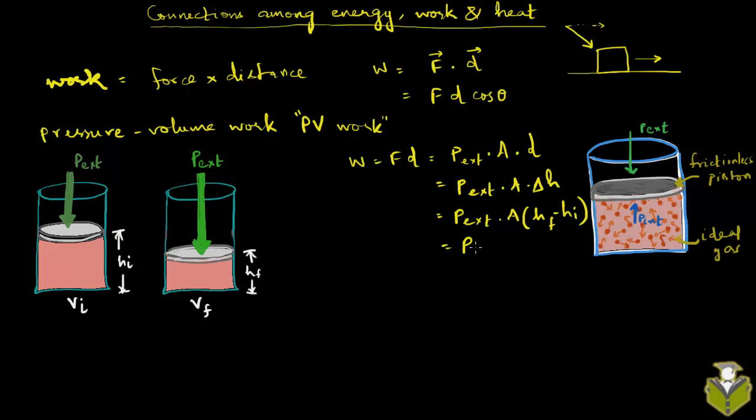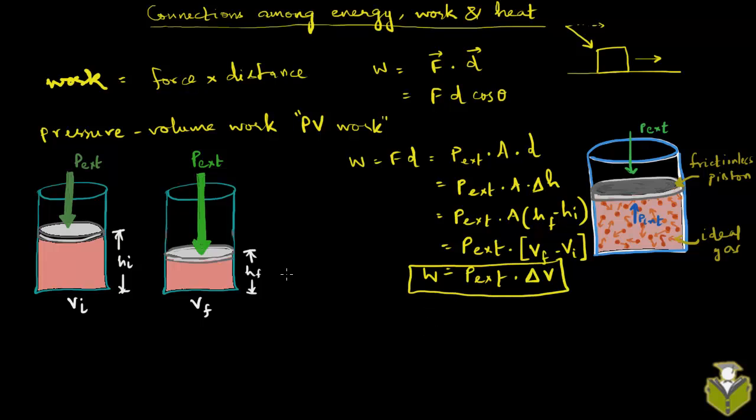So if you open up these brackets, what you will get is A hf minus A hi, which will be Vf minus Vi. So this is what we mean by the PV work. It's the external pressure, the pressure against which the piston is moving, times the change in volume.